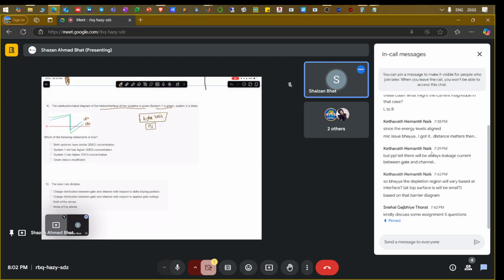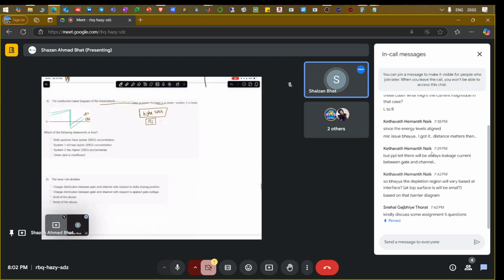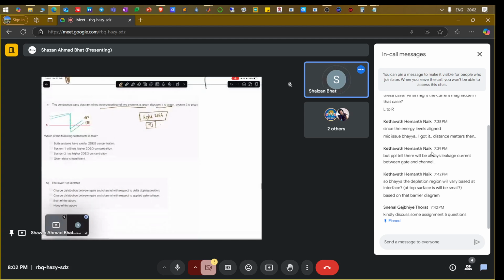You see that in the first case, the green case, the Fermi level is greater above the conduction band. But in the second case, it is not as deep into the conduction band as compared to the first.